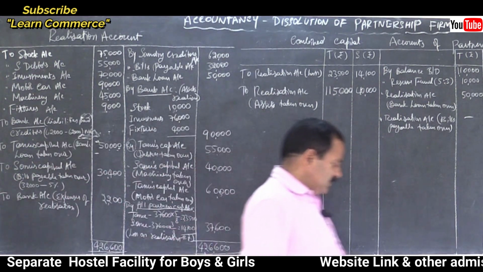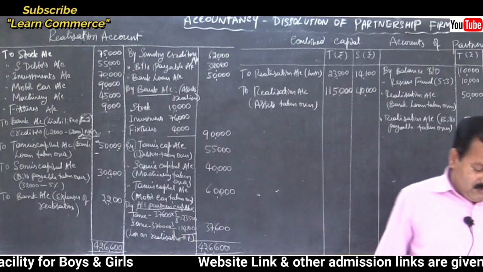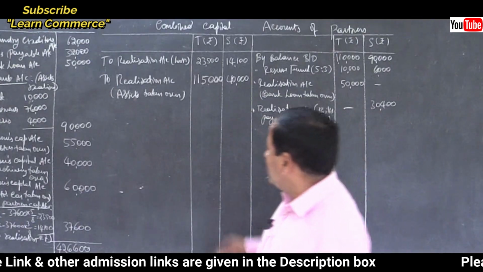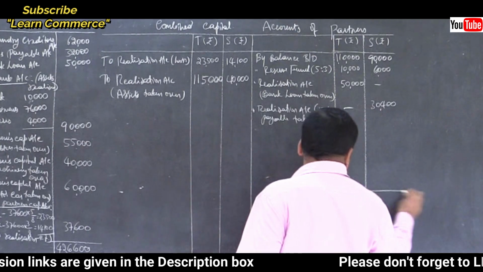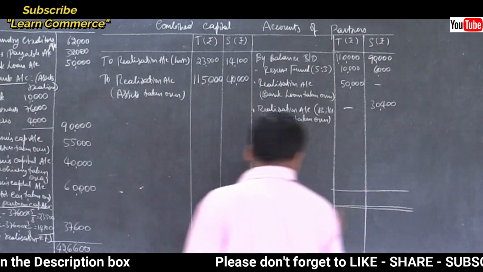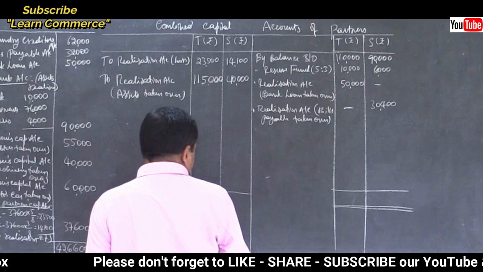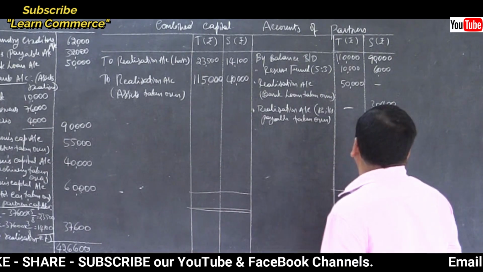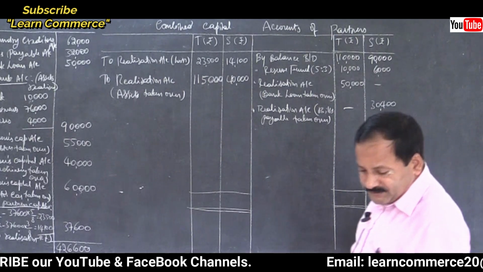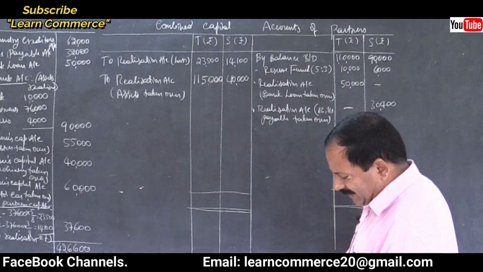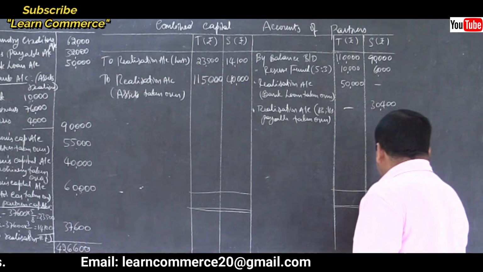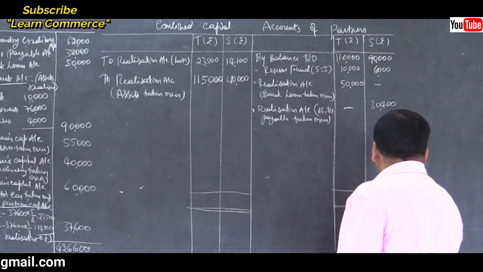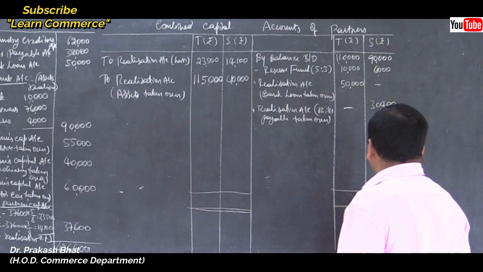Then, are there any other entries? No, I don't think so. Yes, let us close it and find out the difference and make payment to the partners. Credit side will always be greater. So I'll write the total of the credit side first, then find out the difference. So how much? 1,26,400. Is that correct? Yes, it is. 1,26,400 in the last column.